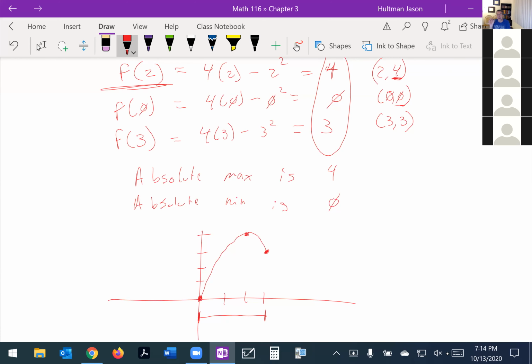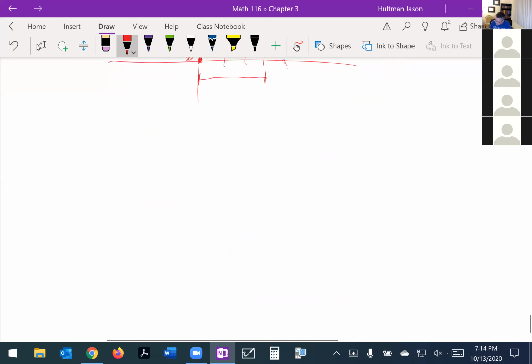That's the piece of the graph I'm looking at. Does it continue afterward? Sure, it does. But am I allowed to go further? No, I'm not. So what was the absolute maximum value in this interval? It was 4. What's the absolute minimum value? It's 0. Easy stuff. Okay, last example.